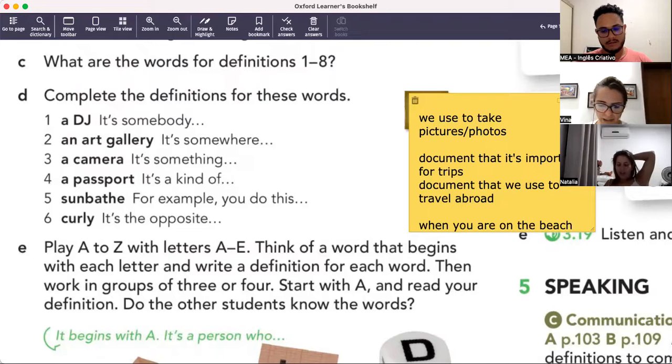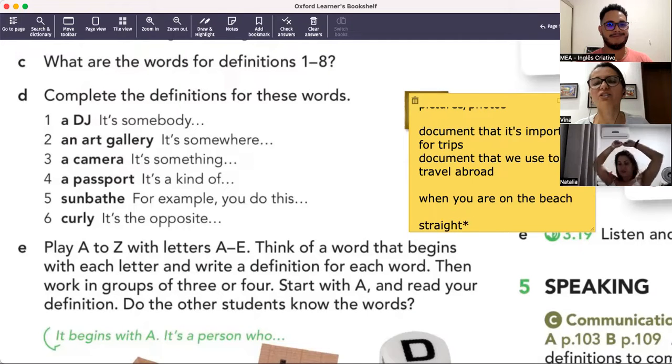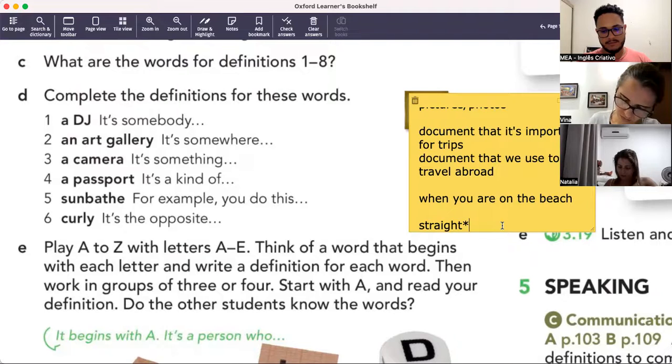Curly. Is the opposite of smooth hair? Sorry? No. Curly is the opposite of straight. Straight. Straight hair.